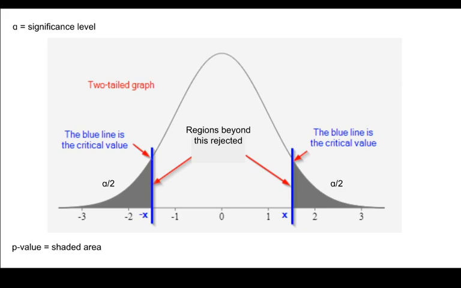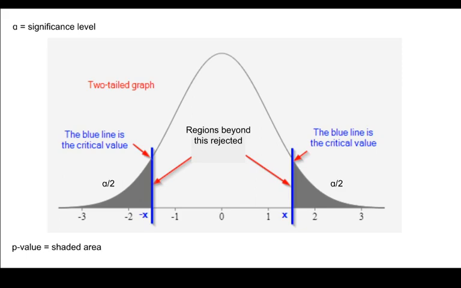Let's just say for the normal distribution, it's the z-score. So we have a z critical value, and the z critical value is going to determine whether you're going to reject or accept the null hypothesis.